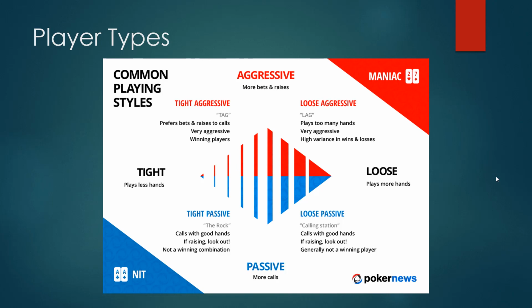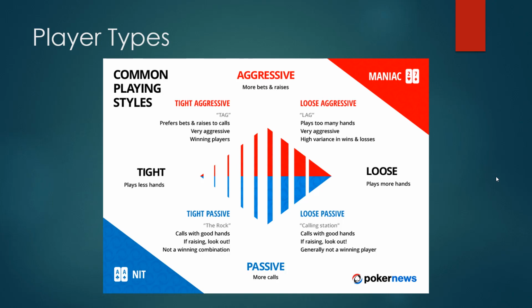He's very aggressive, but he has super high variance in wins and losses. In the poker games I've played, James has been in for 10 buy-ins and then walked away with 20 buy-ins. Some nights he'll just lose his 10 buy-ins, but it's very high variance. Win a lot, lose a lot, not a lot in the middle. That's what you would call a loose aggressive player.